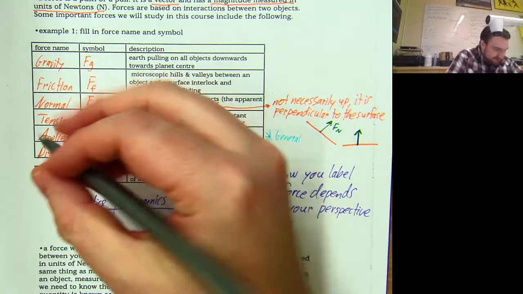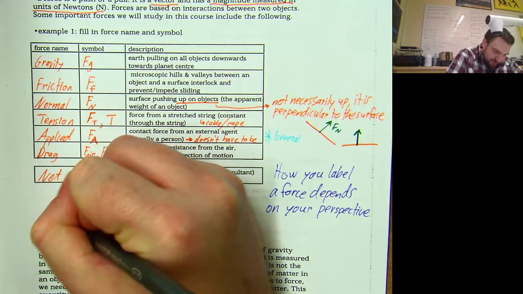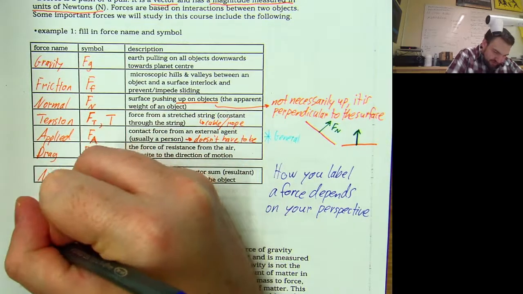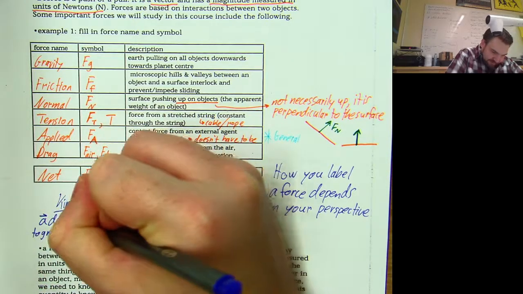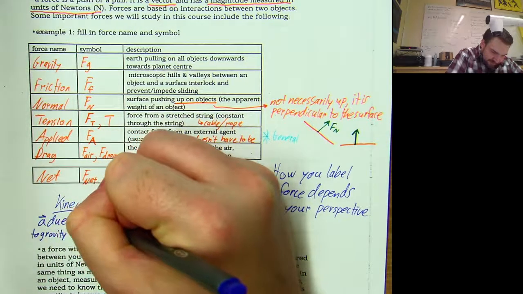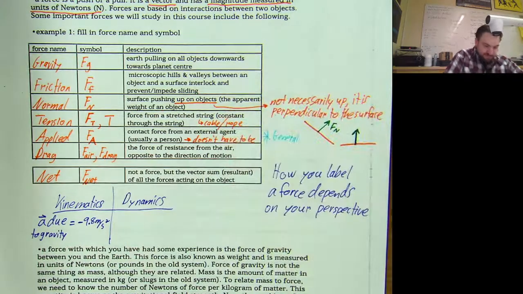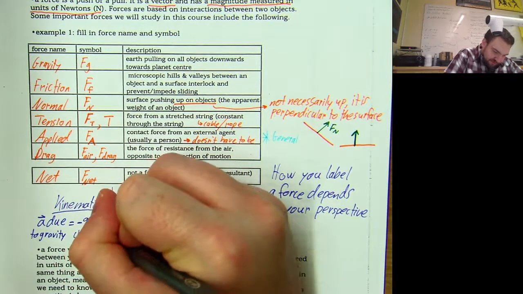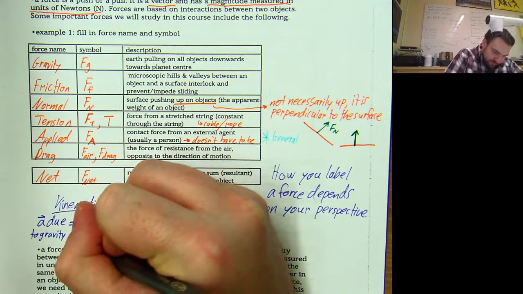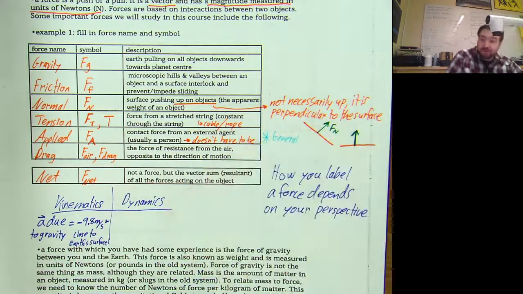Now, in kinematics, the acceleration due to gravity equals negative 9.8 meters per second squared close to Earth's surface. This value changes the further you get from Earth's surface.